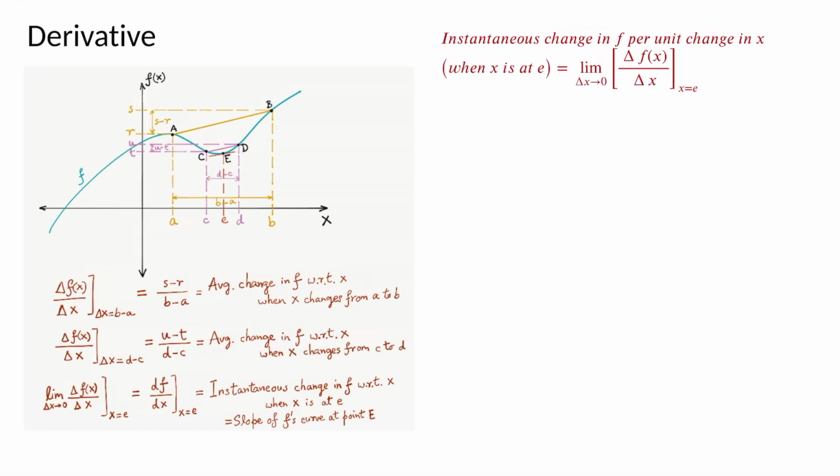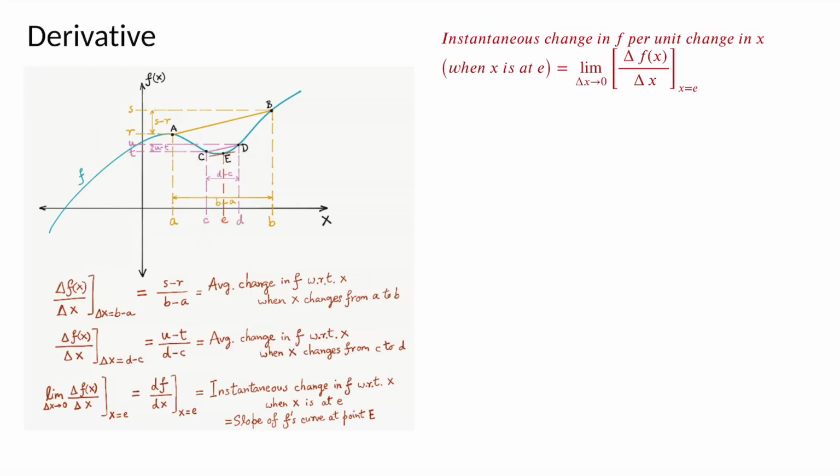From A we look at this point C now, and from B we move leftwards towards E and look at this point D, right. So, instead of A to B, look at the increment on the x axis from C to D. Here we have come closer to the point E, and we are looking at the points capital C and capital D on the curve, and the values the function takes at C and D are the values T and U here.